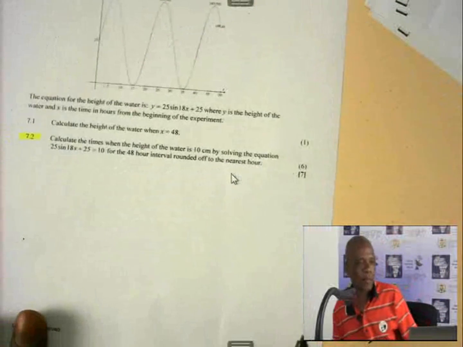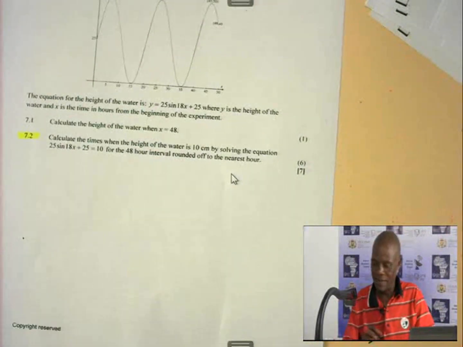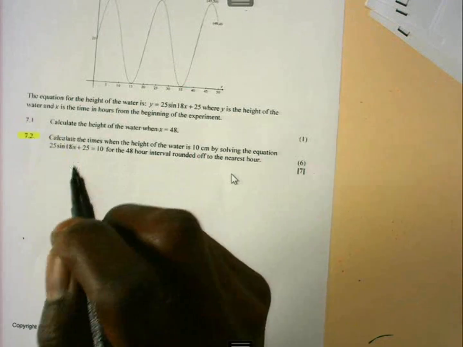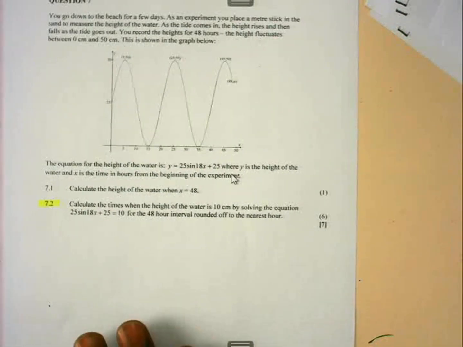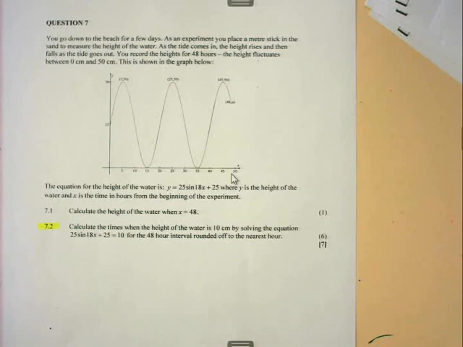Why did I bring along the grade 11 question paper? Because, you know, I normally get bored if I just keep on solving something that I don't know where I would use it in a real life situation.